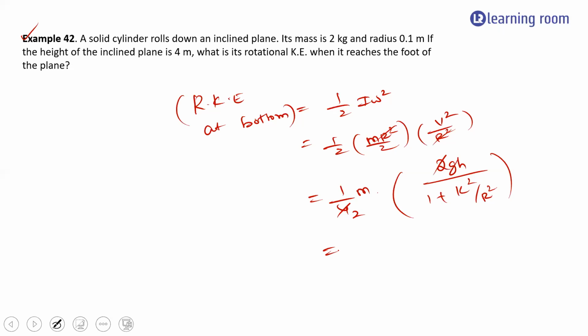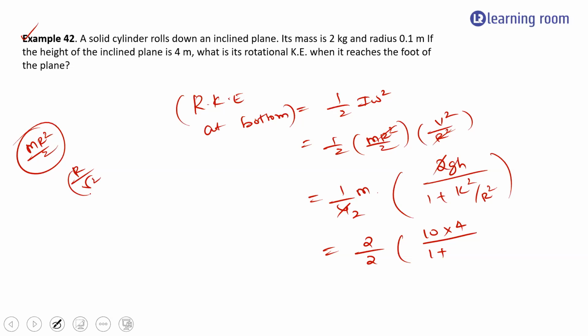Mass is given 2, divided by 2, into g, I take it as 10, h is 4, by 1 plus... What is the radius of gyration of a solid cylinder? Radius of gyration will be r by root 2. So k square will be r square by 2.